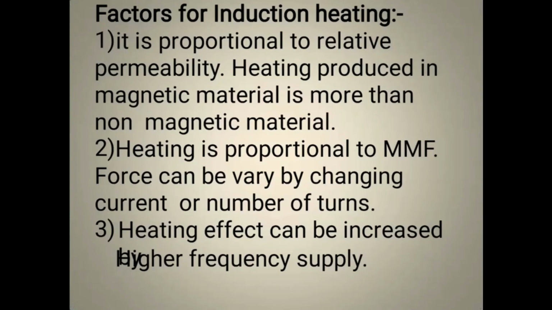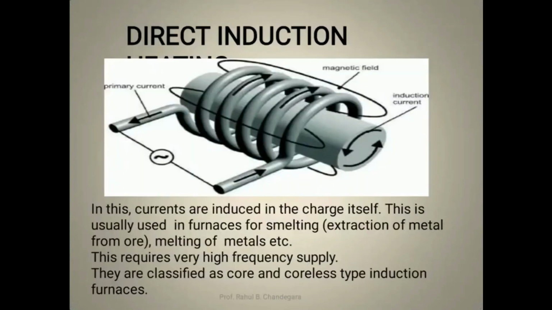The first method in induction heating is direct induction. In this, currents are induced in the charge itself. This is usually used in furnaces for extraction of metal from ore, and melting of metals. This is an application of direct induction heating.